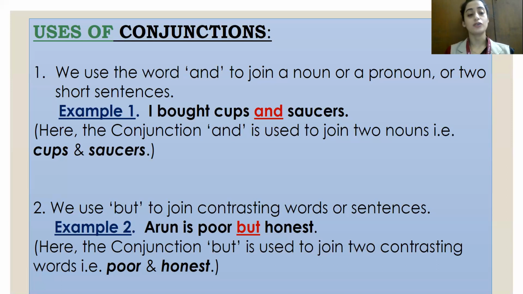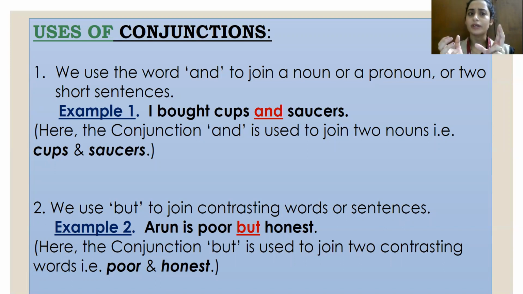Next use, let's take a look. We use but to join contrasting words or sentences. Children, contrast means opposite. Now let's take a look at the example. Arun is poor but honest.